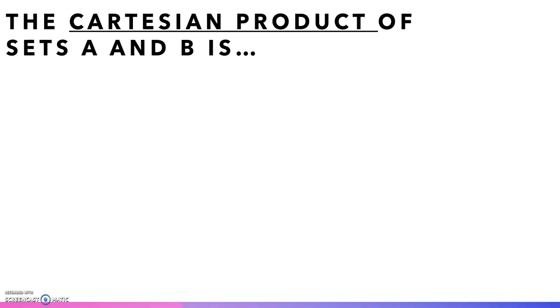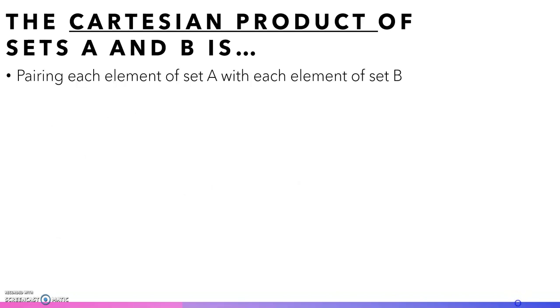The Cartesian product of sets A and B is pairing each element of set A with each element of set B. They are written as ordered pairs.